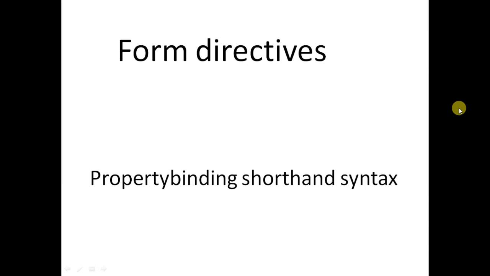Now, property binding shorthand syntax. Because the value you assign to the name directive is a string literal, you can use a shortened syntax and omit the square brackets around the attribute name.